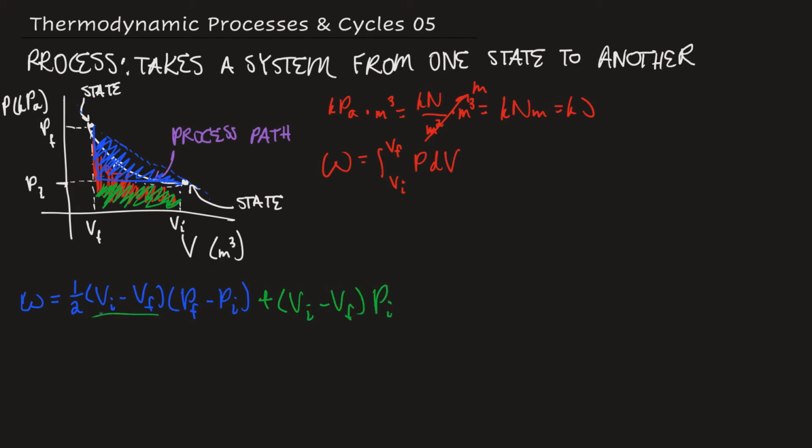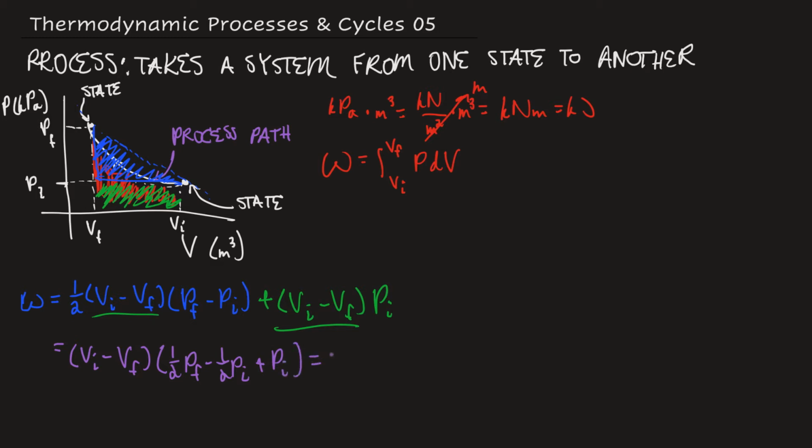There are two common terms, so we can factor those out to get the initial volume minus the final volume. Then if we distribute this 1/2, we get 1/2 the final pressure minus 1/2 the initial pressure, and we need to add this initial pressure because this also gets factored out.